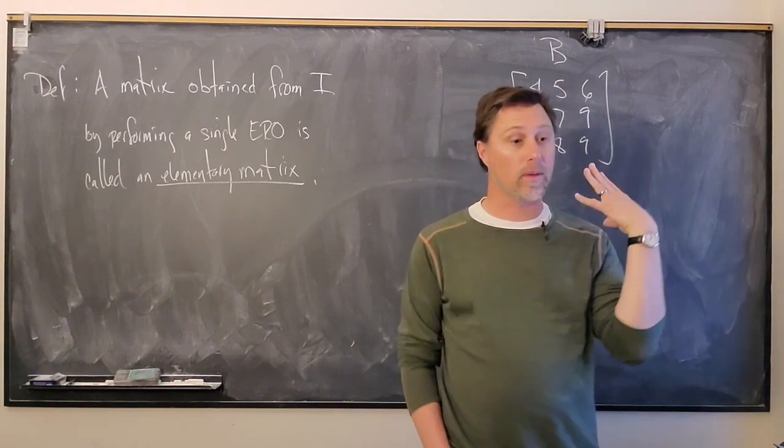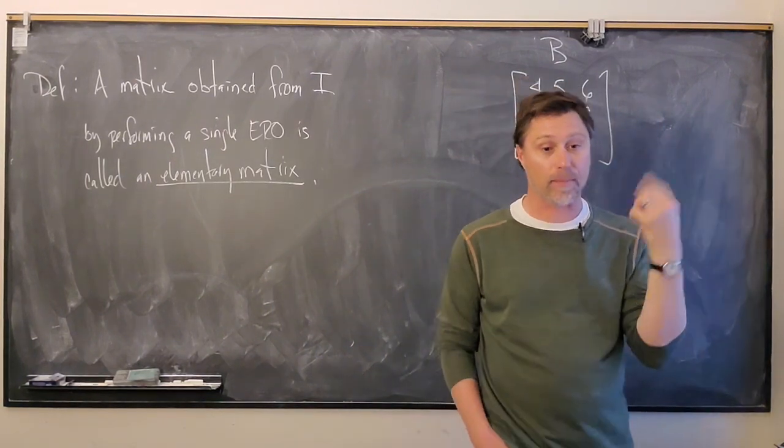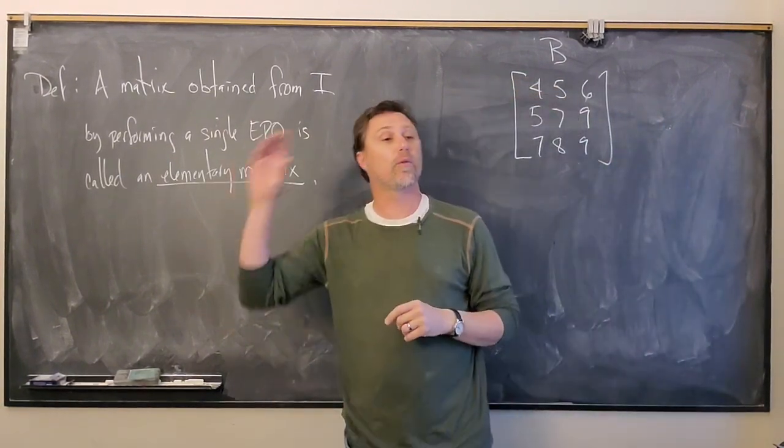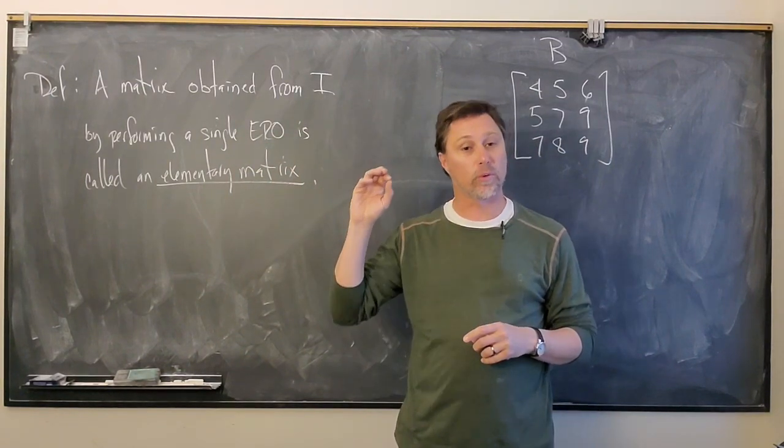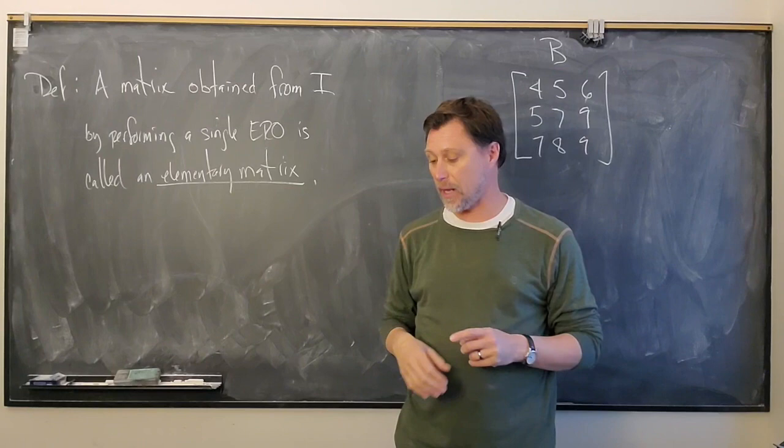Right? So if you start with the n by n identity matrix I, perform a single elementary row operation to that, the resulting matrix is called an elementary matrix.